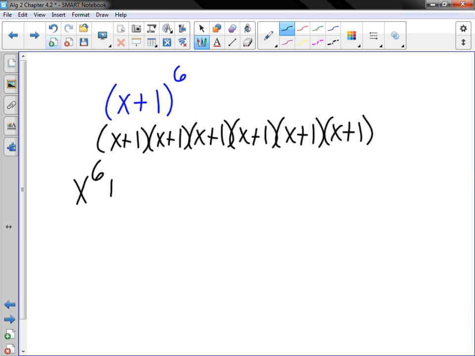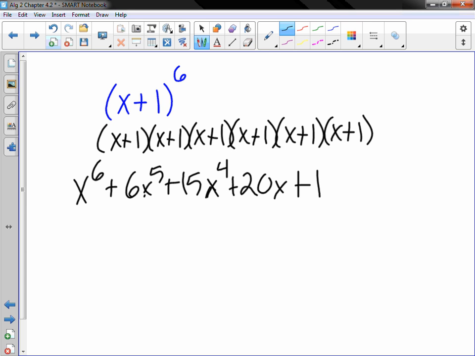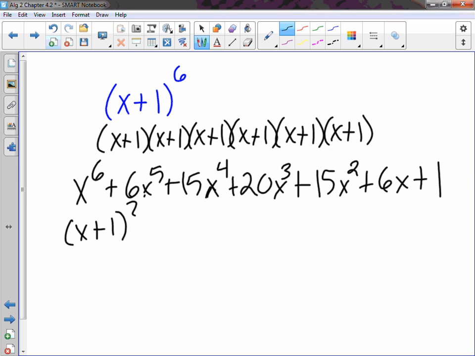This should be x to the 6th plus 6x to the 5th plus 15x to the 4th plus 20x cubed plus 15x squared plus 6x plus 1, if I can count.